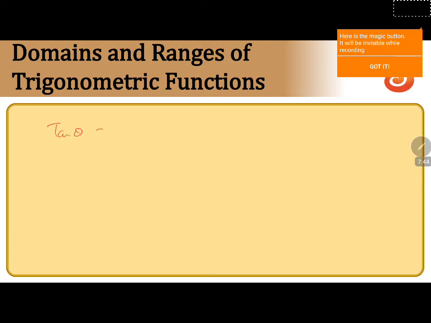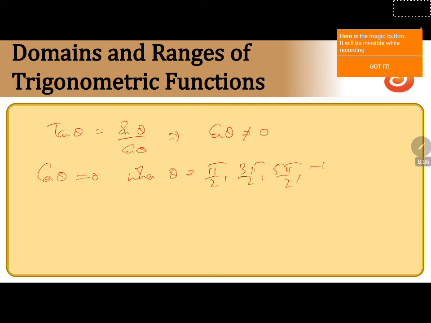Tan theta implies sin theta by cos theta. This implies cos theta should not be 0. Cos theta is equal to 0 when theta is equal to pi by 2, 3 pi by 2, 5 pi by 2, minus pi by 2, minus 3 pi by 2, etc. So, odd multiples of pi by 2.